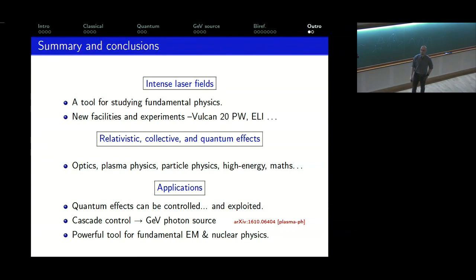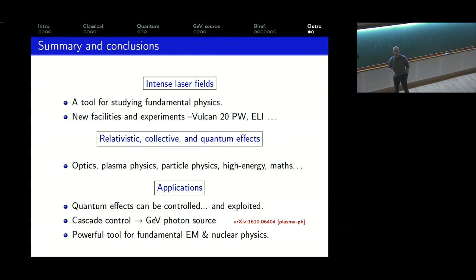So, intense laser fields are a very promising, exciting tool for studying fundamental physics. There are new facilities upcoming with the aims of doing these experiments like vacuum birefringence: ELI, HiBEF, Vulcan, 20 petawatts in the UK.